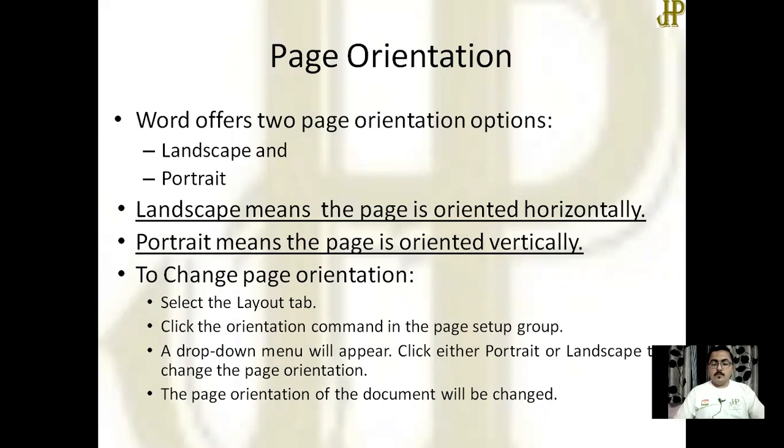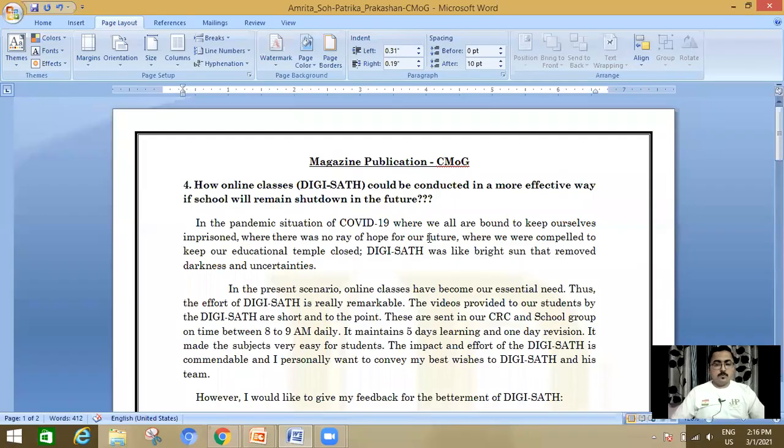And how to do this? I'm going to give you a practical demonstration. So, this is your page. By default, the orientation of the page is vertical. That means portrait.